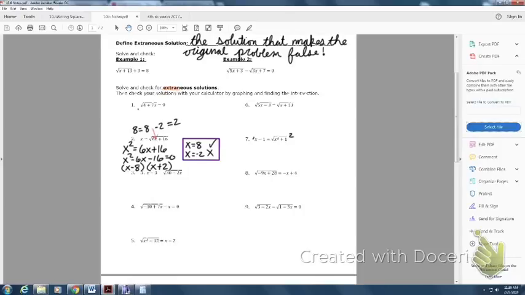Square the whole thing. You do not need to see that as 2 x's and 2 negative 1's. You have 2 x minus 1's, so that involves FOIL. That gives you x squared minus 2x plus 1.